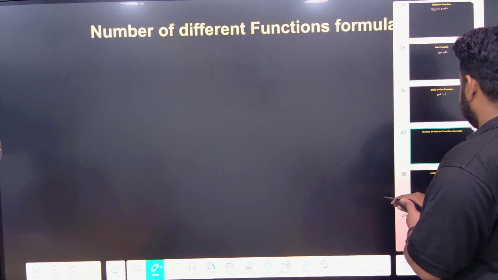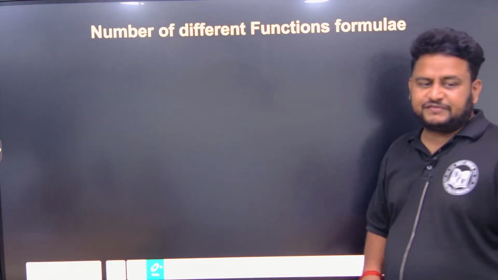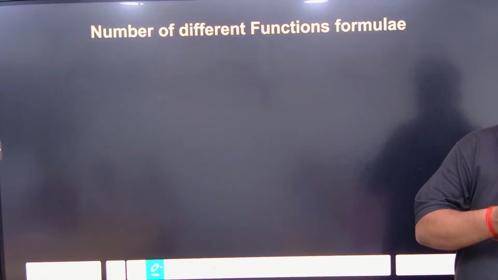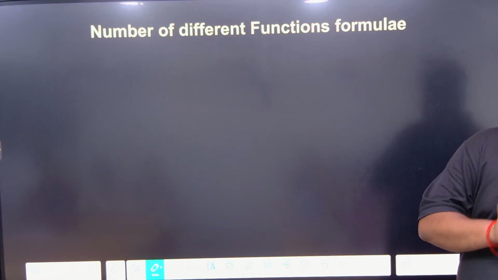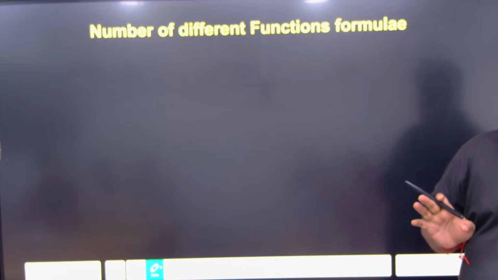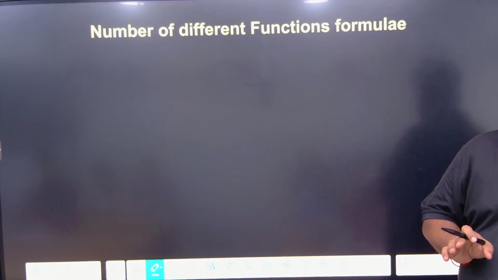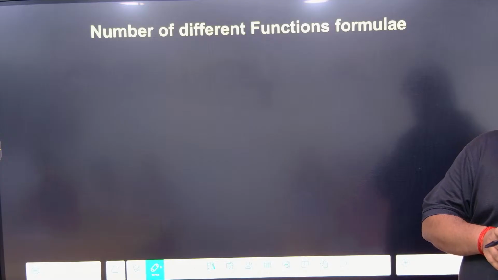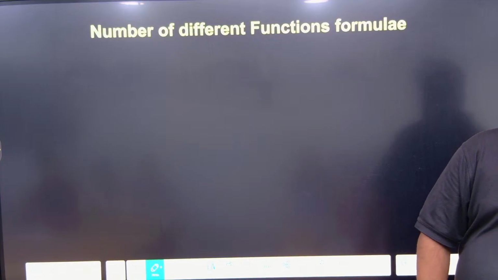Number of different functions formula, I have already given you. It's in your notes, you can check. If you want, I can give it again. Number of functions from A to B is equal to n power m.